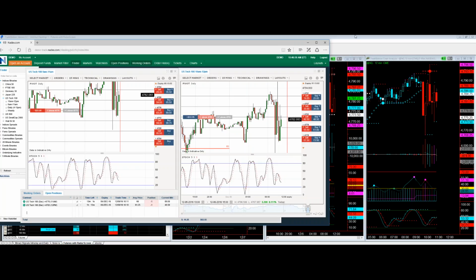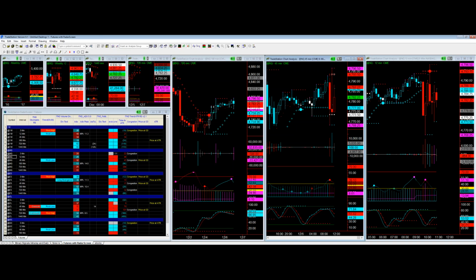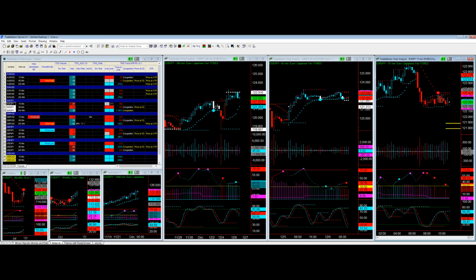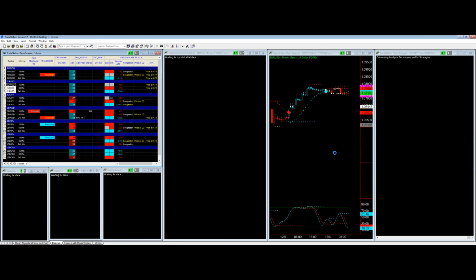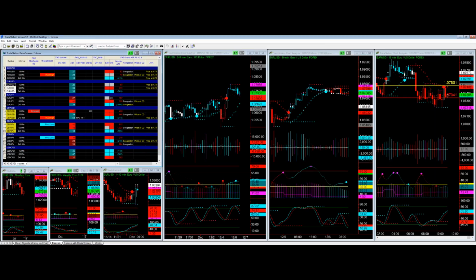On the euro, I'll go look at it. I'll look at it on the Forex. It's about the same. Yeah, we should go back up here and test that ATR. But then on the daily, we're actually overbought.